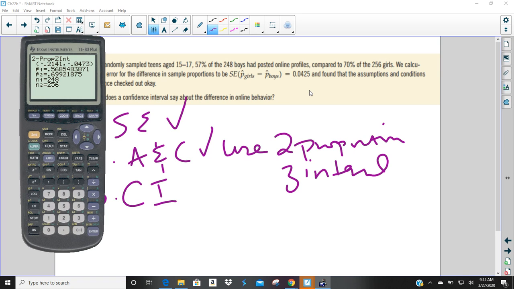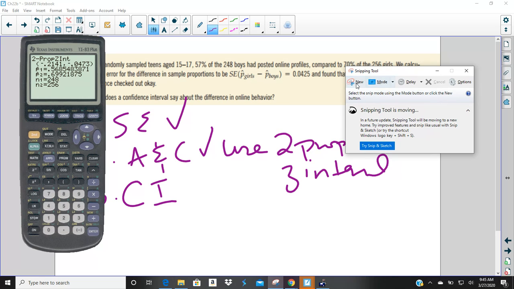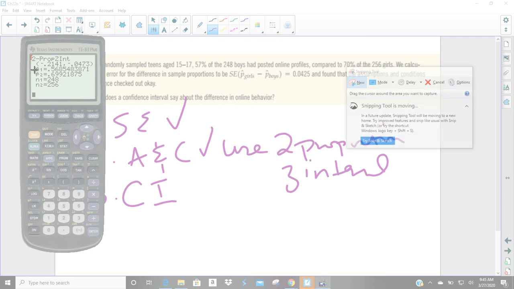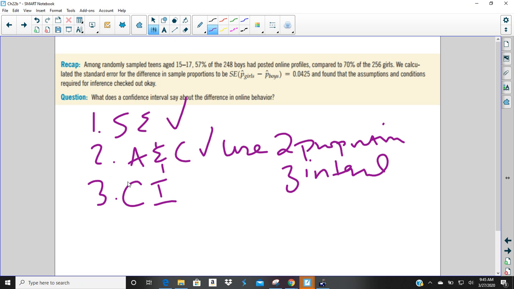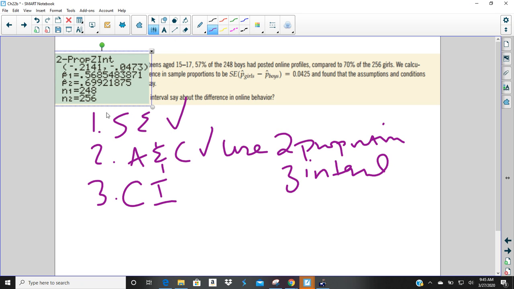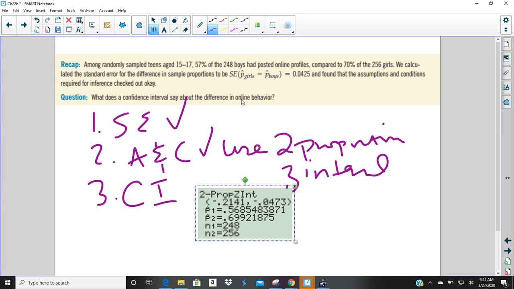You're going to get the same exact answer. Just flip-flop. So do you see how our numbers are negative, right? So these numbers are negative.